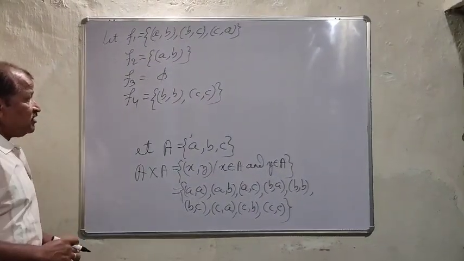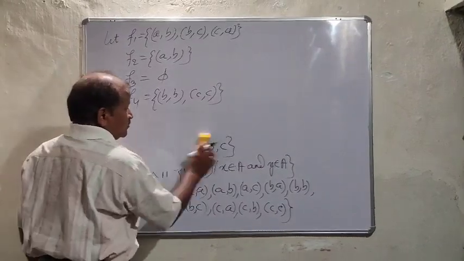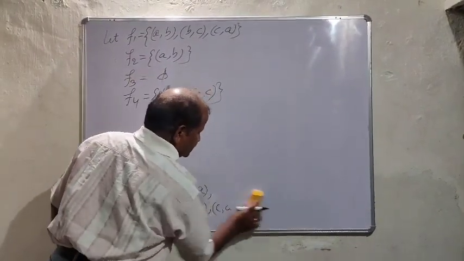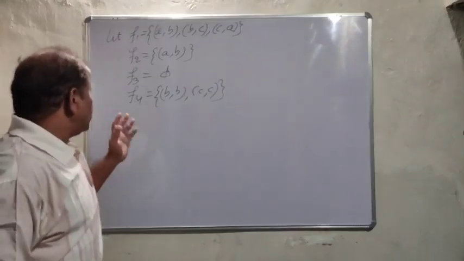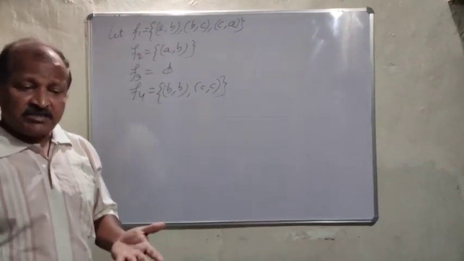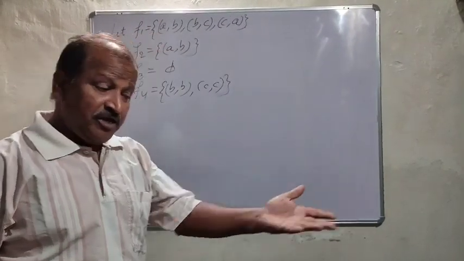So what will be the smallest relation? In the case of a relation from A to B, we already know the smallest relation from A to B is the null set.